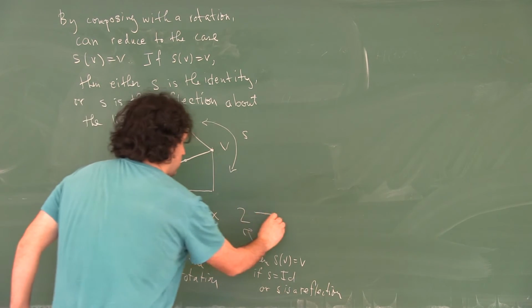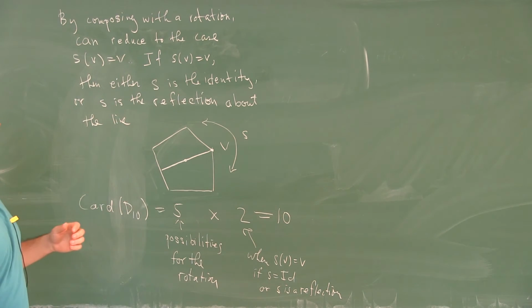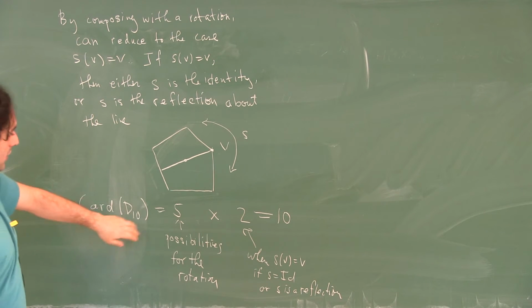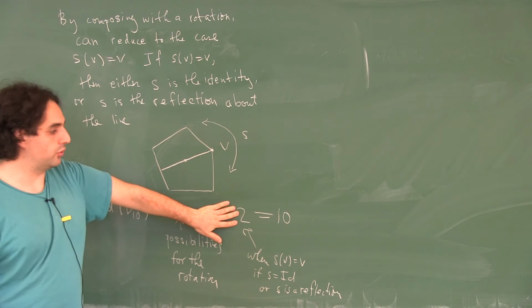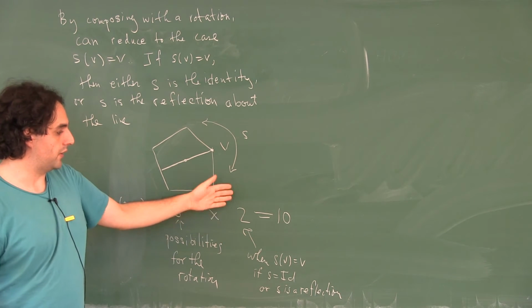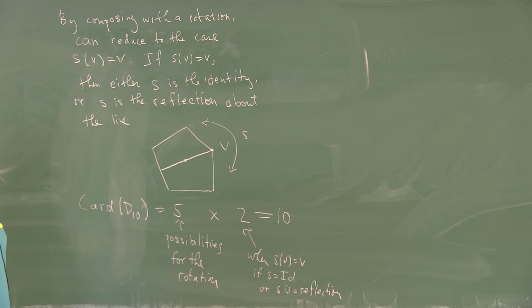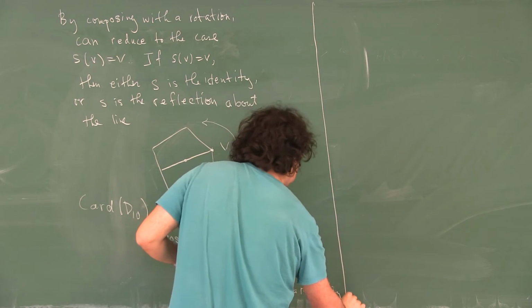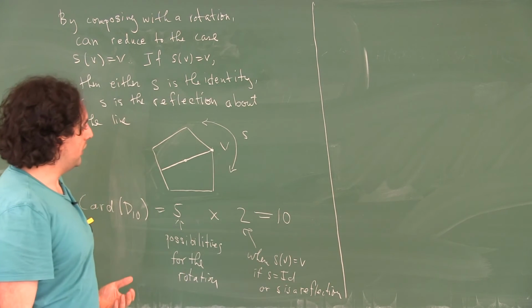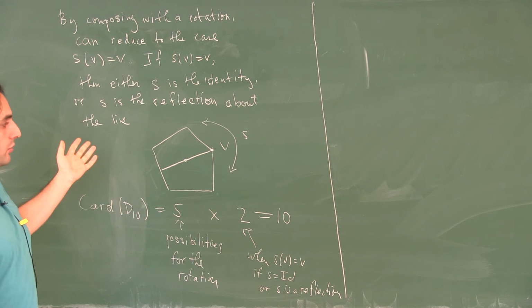So in total, I get 10, and you can see that for a general n, you will similarly have n possibilities for the rotation, and still 2 for either the identity or the unique reflection fixing the vertex V. Okay, so this is one way to think of this dihedral group.